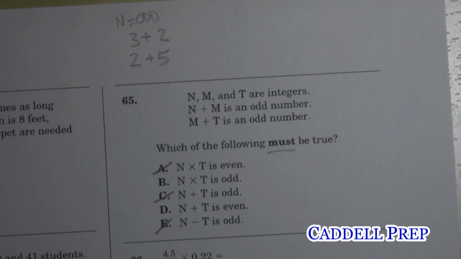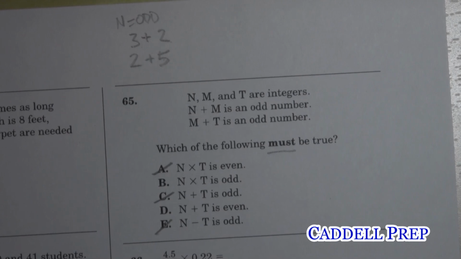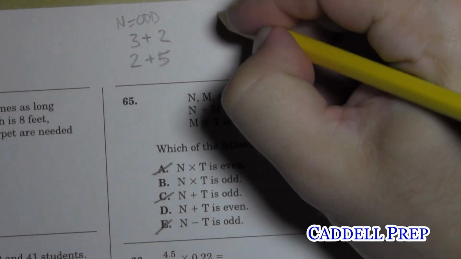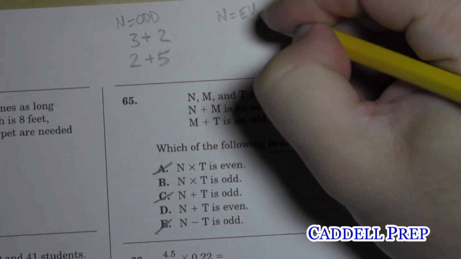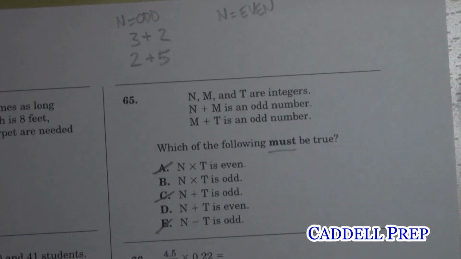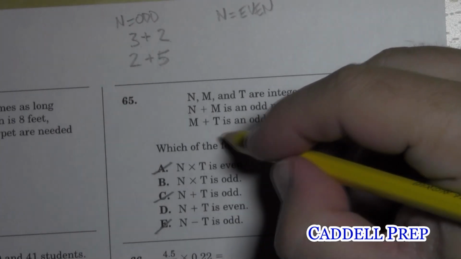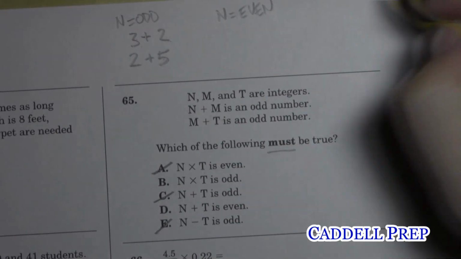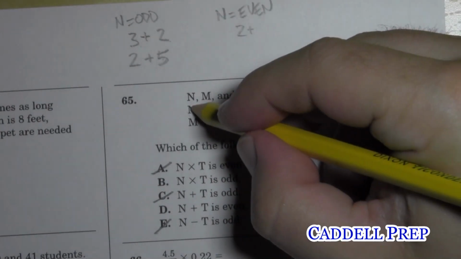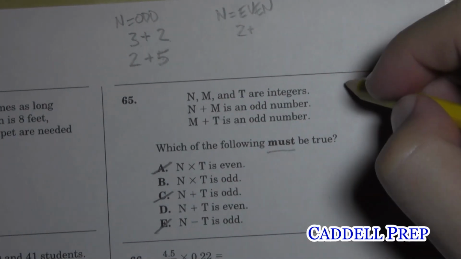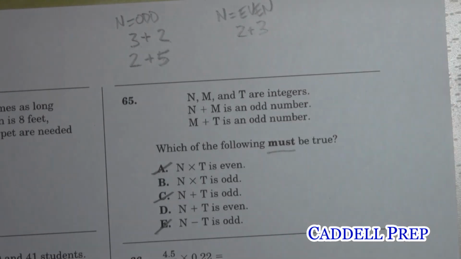Alright, so maybe there's a different possibility. What if N is even? So let's see. Now let's say N is 2. N plus M has to be odd. So let's make M 3.